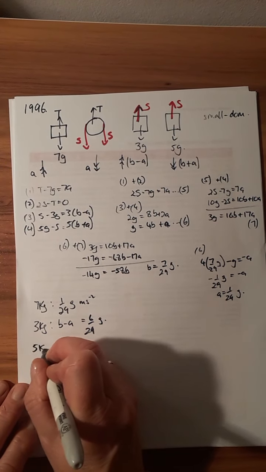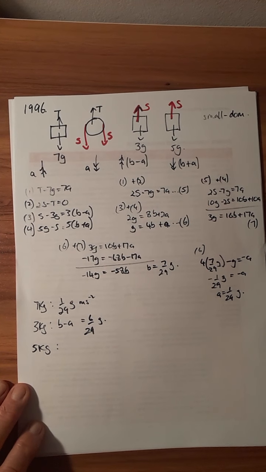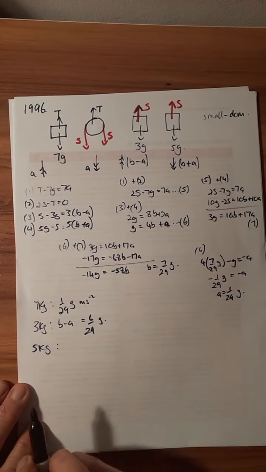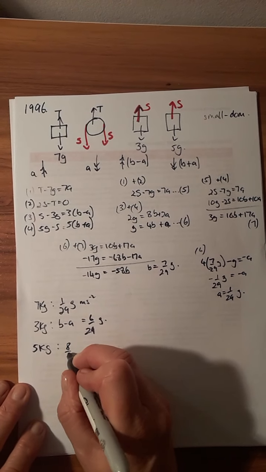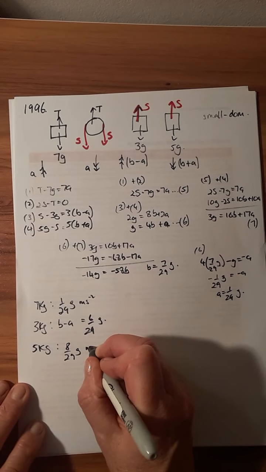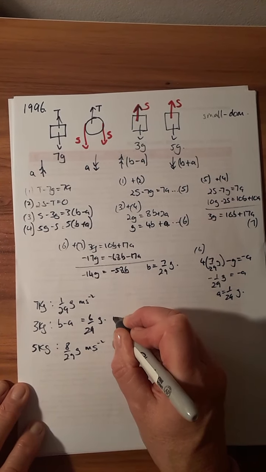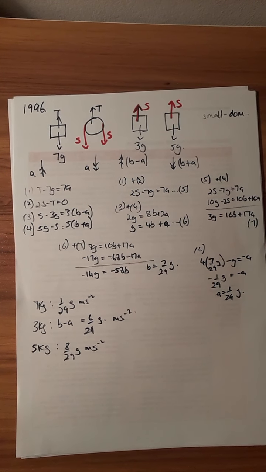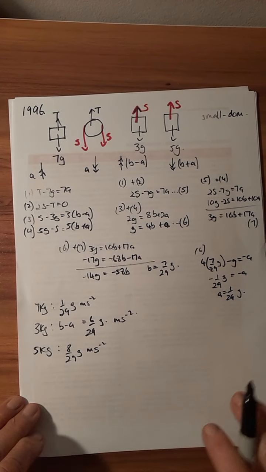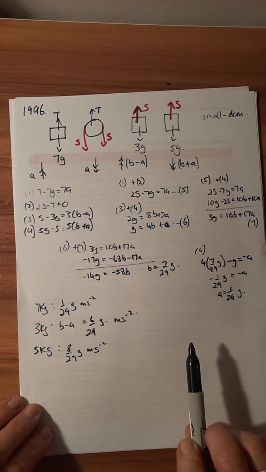And of course the 5 kilo particle is B plus A, which is 7 over 29G plus 1 over 29G, and that will give me 8 over 29G. And remember, each of those are meters per second squared because they're accelerations. Okay, so that was to finish off the one we started in class on Tuesday.